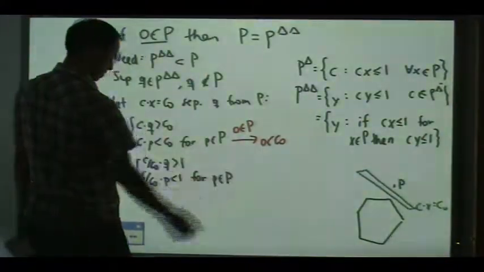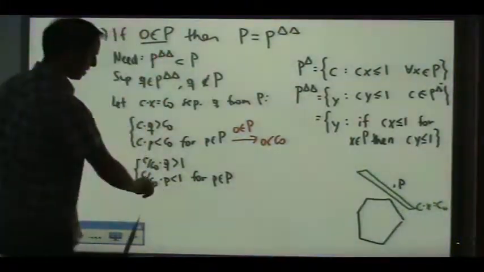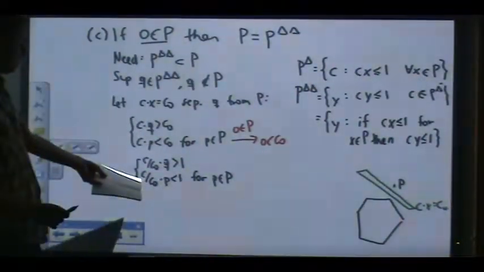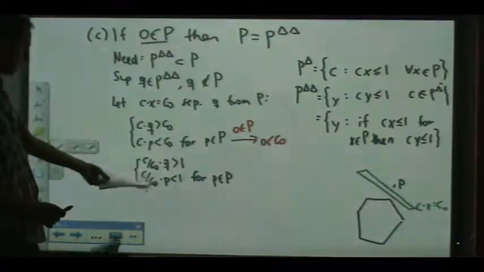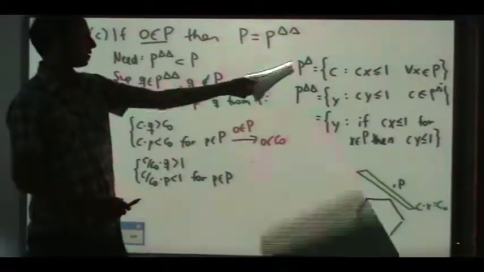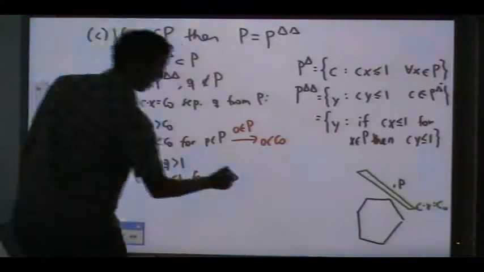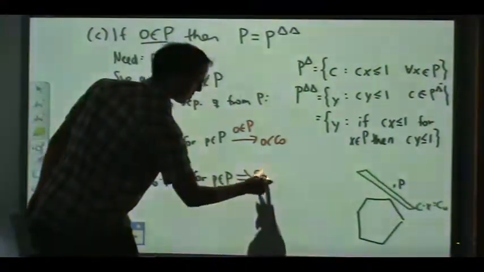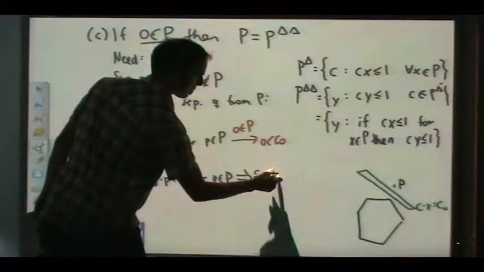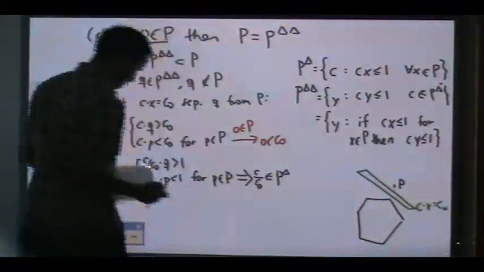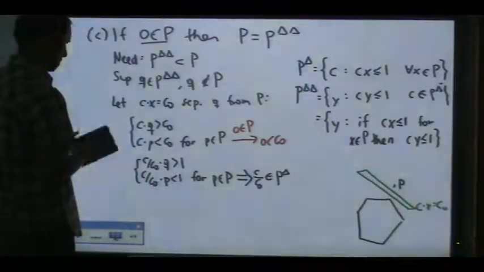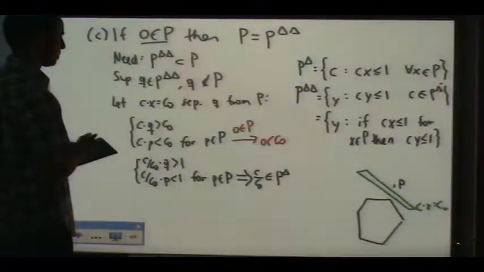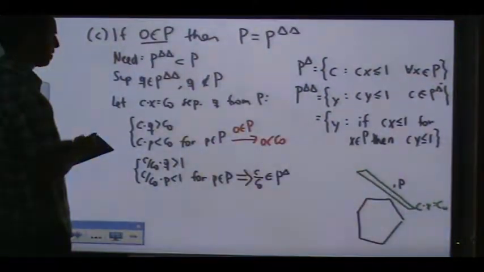So now, if you look at the second condition, what is it saying? It's saying that C over C0 is in the dual. And why is that a problem?